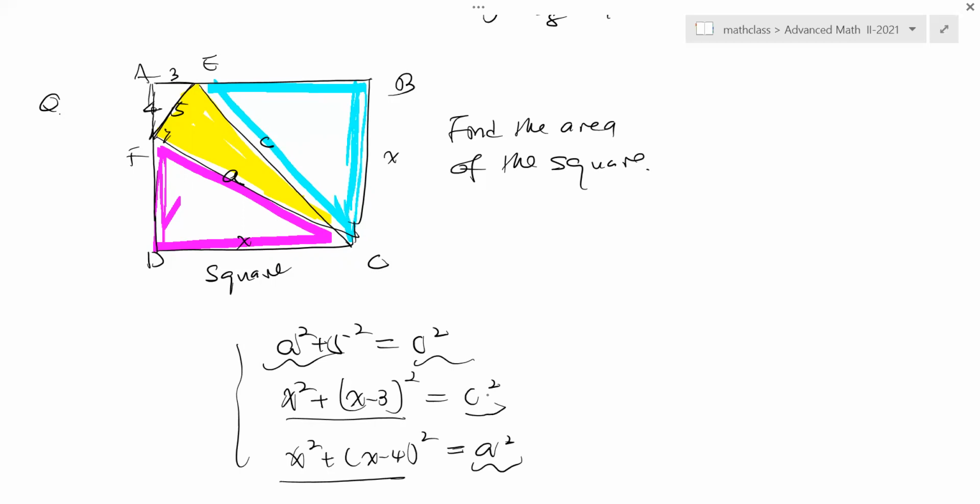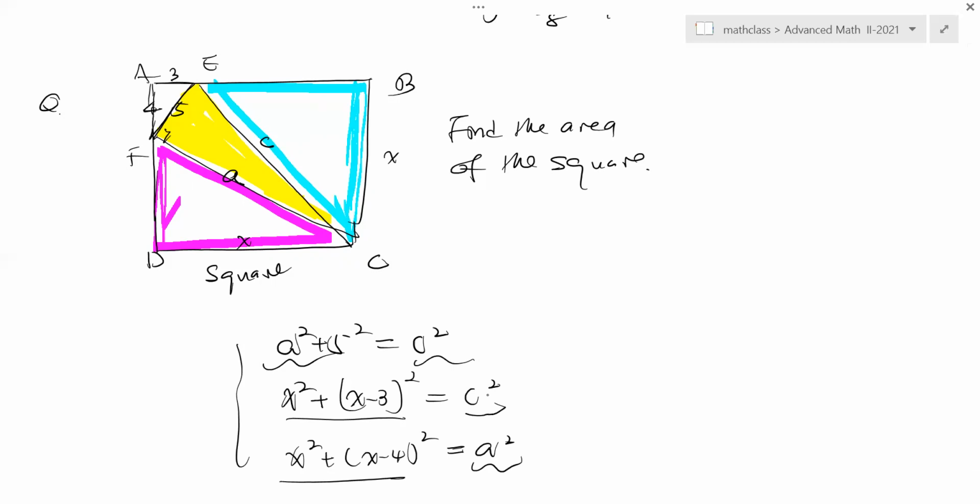Sometimes you have to draw additional lines, and we are going to study that when we also use the Pythagorean theorem to solve other problems later, when we study circles and their relationship with triangles.